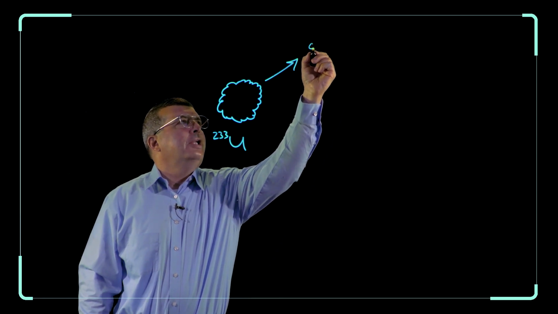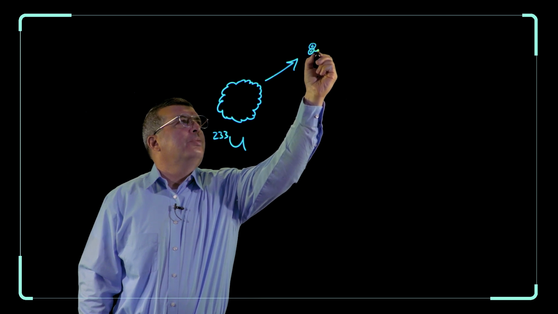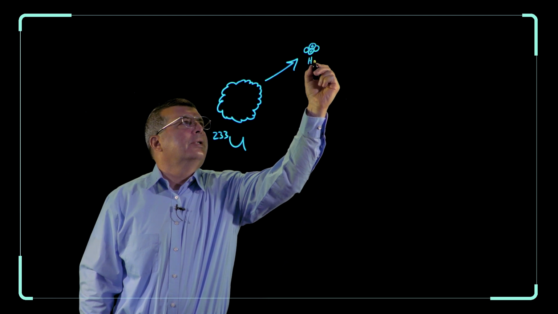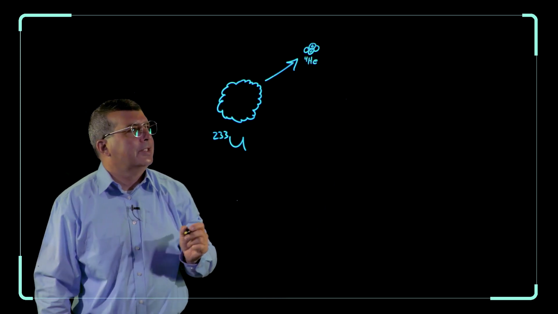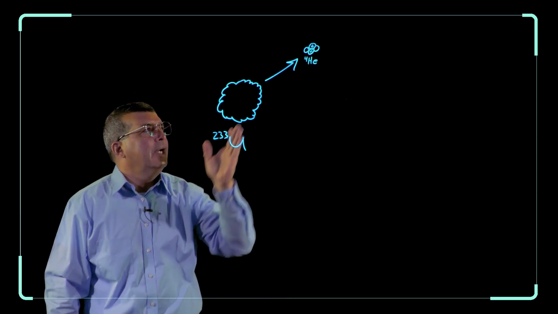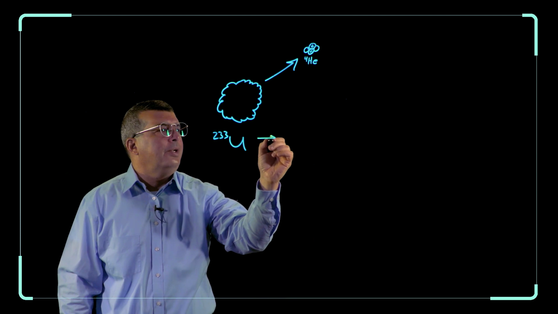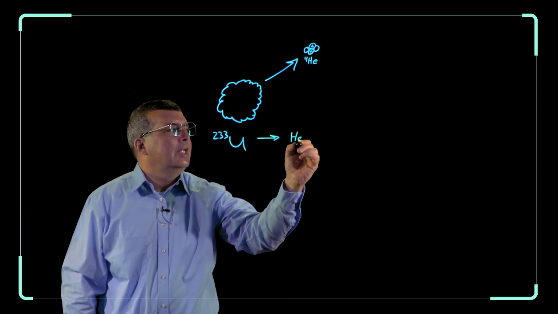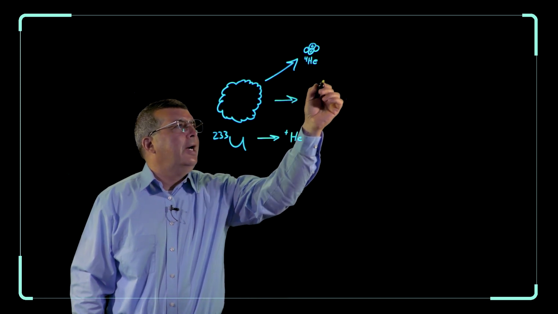Now remember that a helium-4 nucleus has 2 protons and 2 neutrons. Helium-4. Okay, so the uranium-233 ejects the helium-4, so uranium-233 becomes helium-4, and then what is left behind?